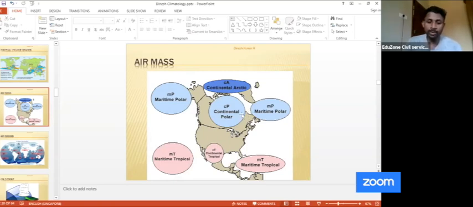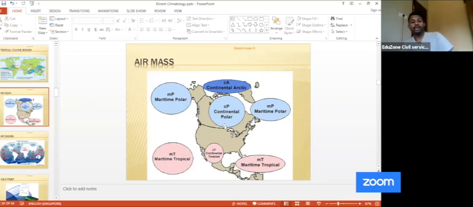As a result, what happens? The polar easterlies carry the air masses from the eastern side to the western side, and the westerlies move the air mass in this direction. So they can meet somewhere here.